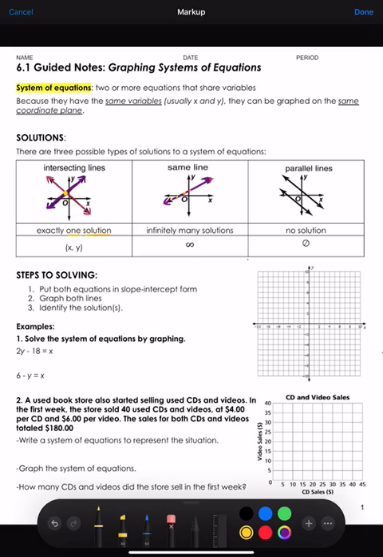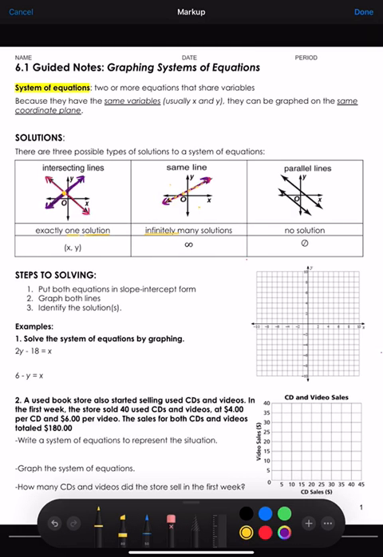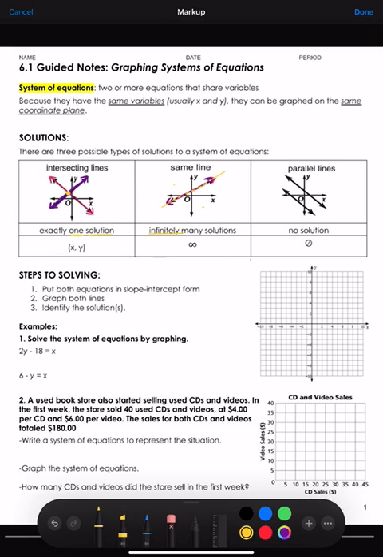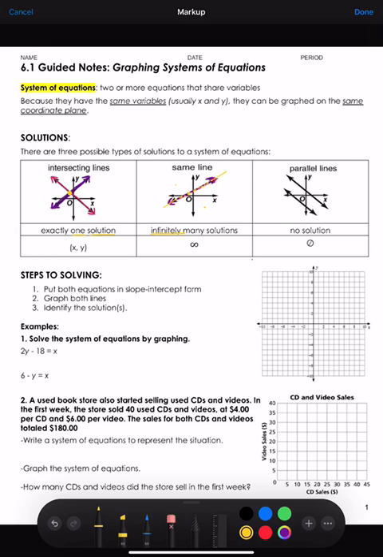Any point on this line is going to be a solution to both. So in that case, we have infinitely many solutions. It's not any solution, so this point here is not a solution, this point here is not a solution, but any point on this line is a solution, and it goes for infinity in both directions. So infinitely many solutions, and we can represent that with the infinity symbol.